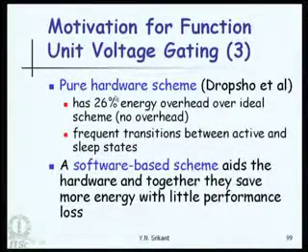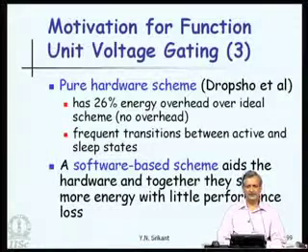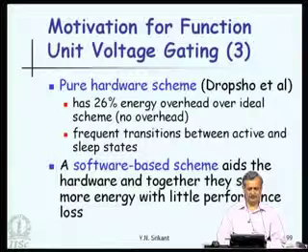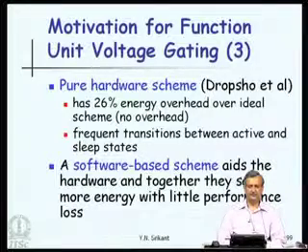There are two schemes. One is a pure hardware scheme proposed by Dropshow. So, they have these dual threshold domino logic circuits. They watch the ALU for one cycle, and if the ALU is idle for one cycle or more, it is put into sleep mode.